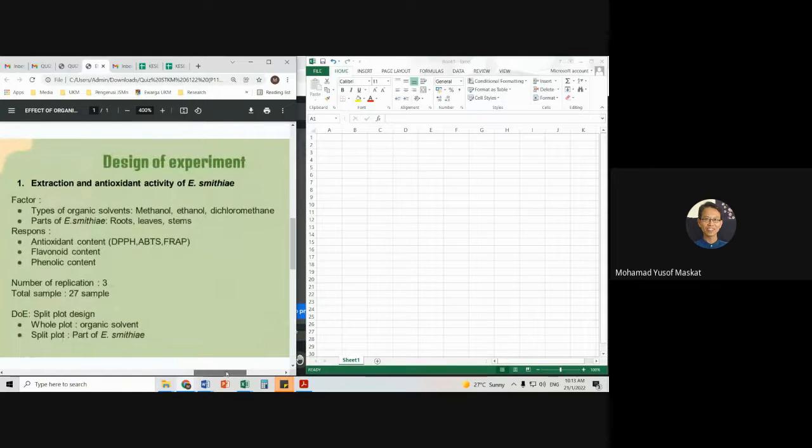Because based on the practicality of it, it is difficult for Mai to do a factorial design. If it is a factorial design, meaning that she has 27 samples. If it is a completely randomized factorial design, then she has to play around with 27 samples, and that is too much. It's quite difficult.